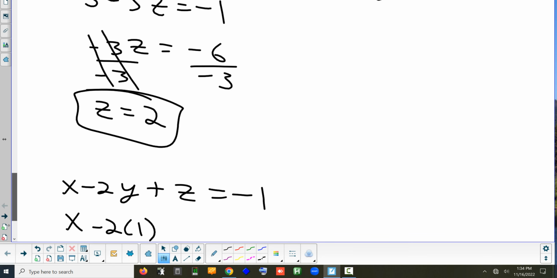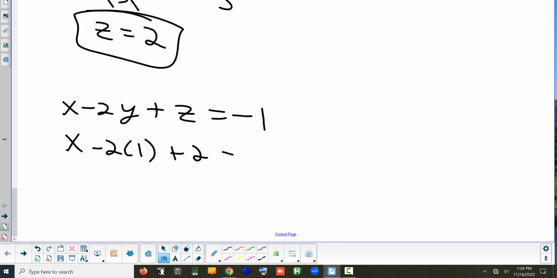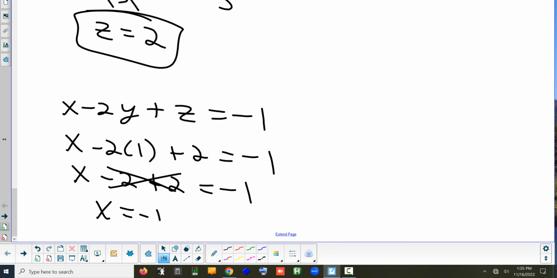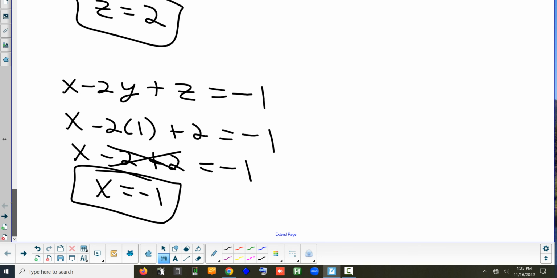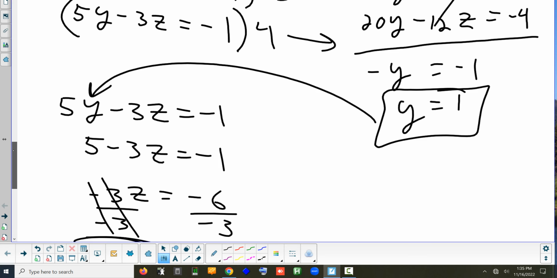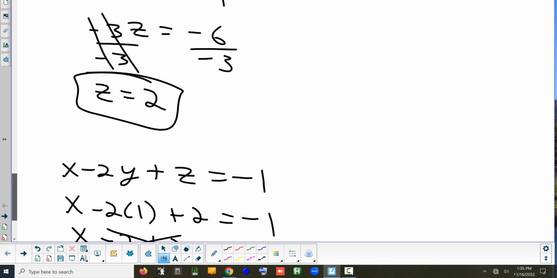And we know z is 2. All right, so we got x minus 2 plus 2, so that's nice. What happens with minus 2 plus 2? Cancels out. And we're automatically done. x equals -1. So those are my 3 answers. x is -1, y is 1, and z is 2.